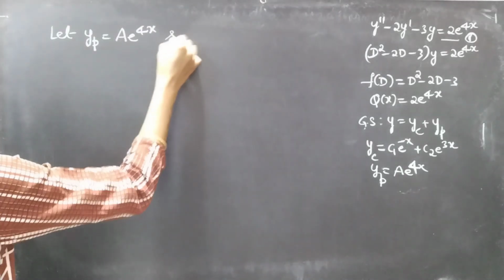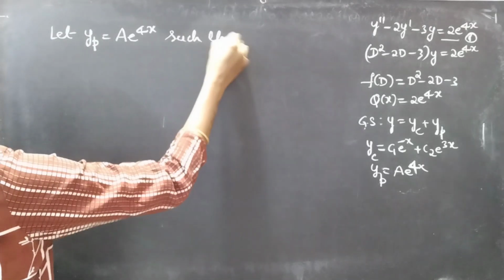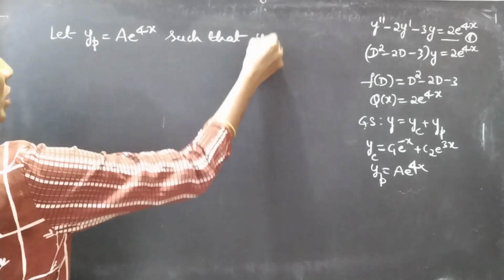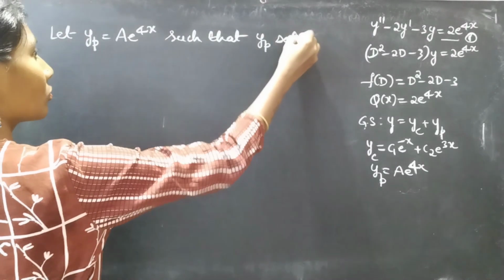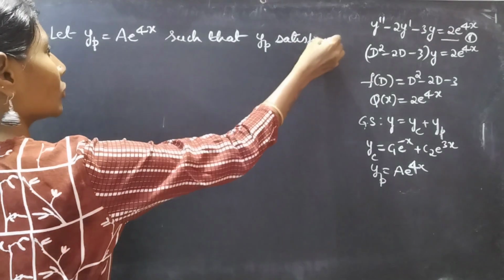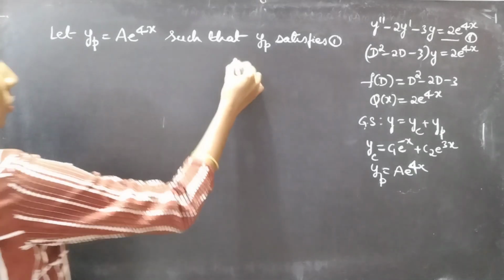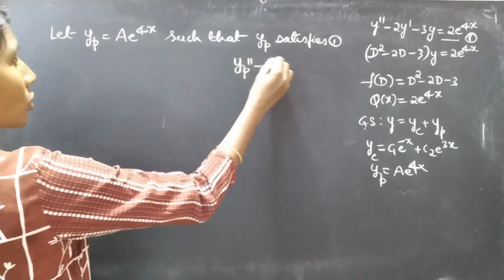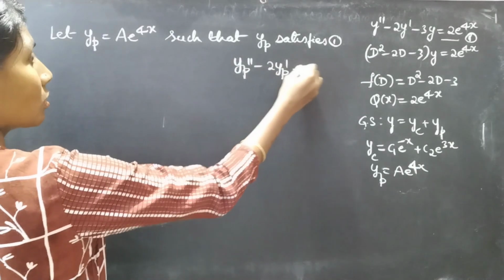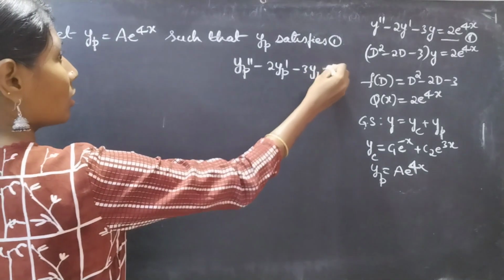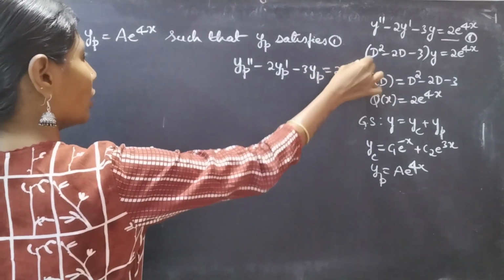Okay, such that yp satisfies 1. So we can write 1 as yp double dash minus 2yp dash minus 3yp equal to 2 e power 4x, right?